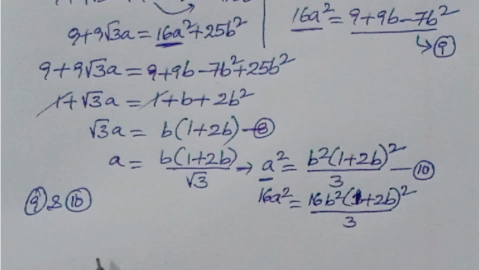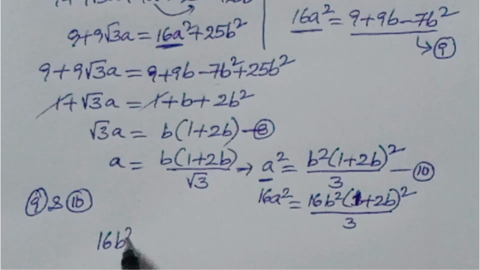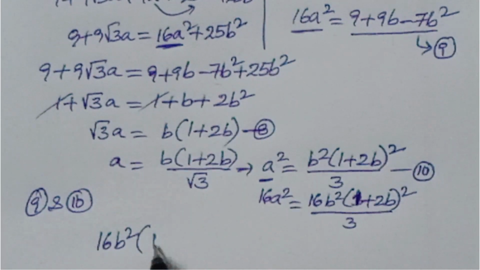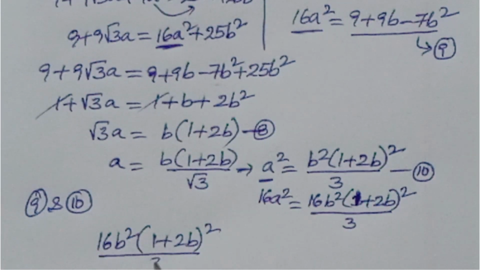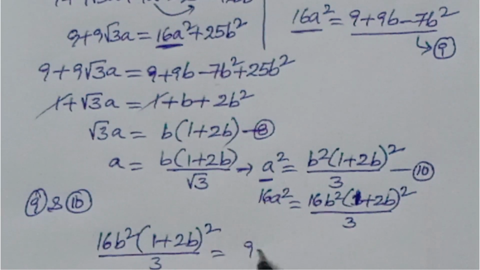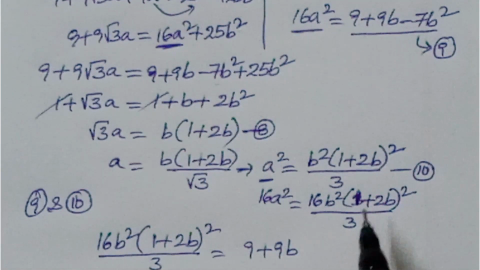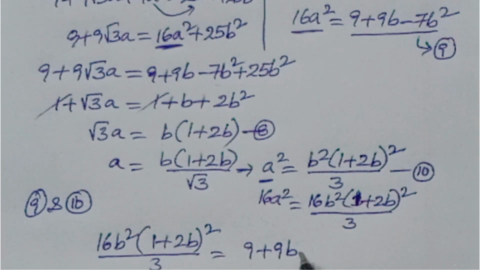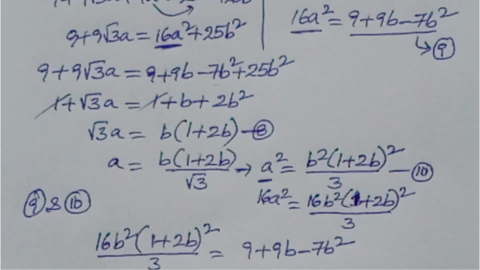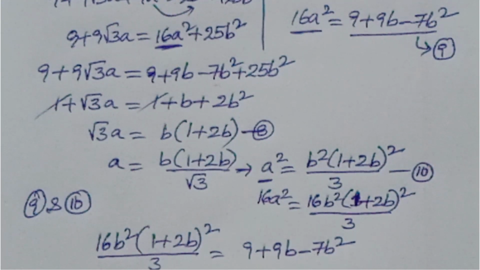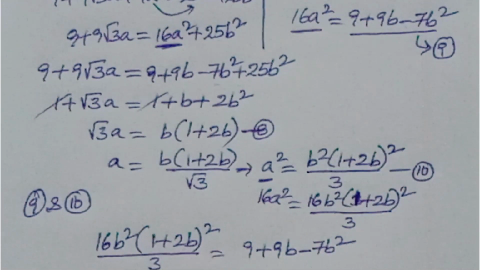So 16b square into (1 plus 2b) whole square by 3 is equal to 9 plus 9b minus 7b square.